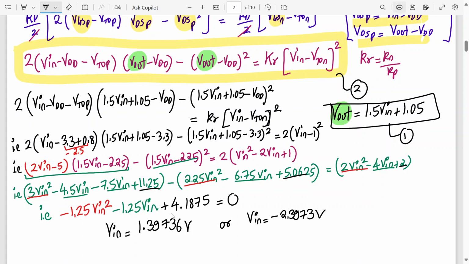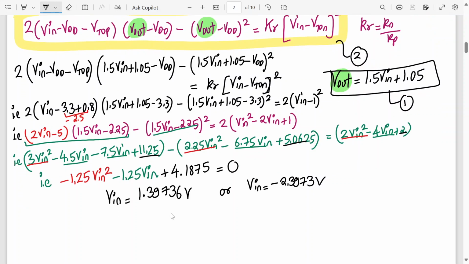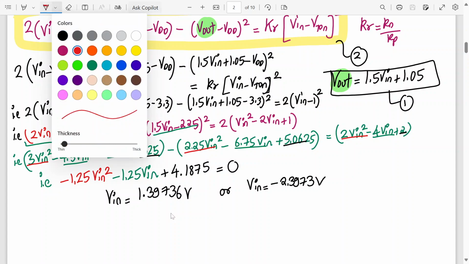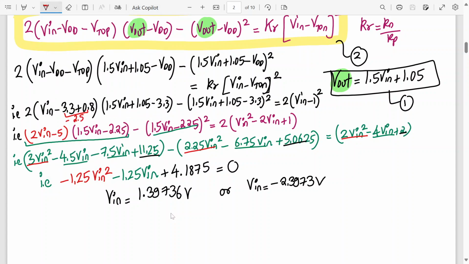Are you getting these values? Yes or no? Tell me. Okay. So reject this value because V in cannot be negative. Select this value, V in is 1.3974 volt.